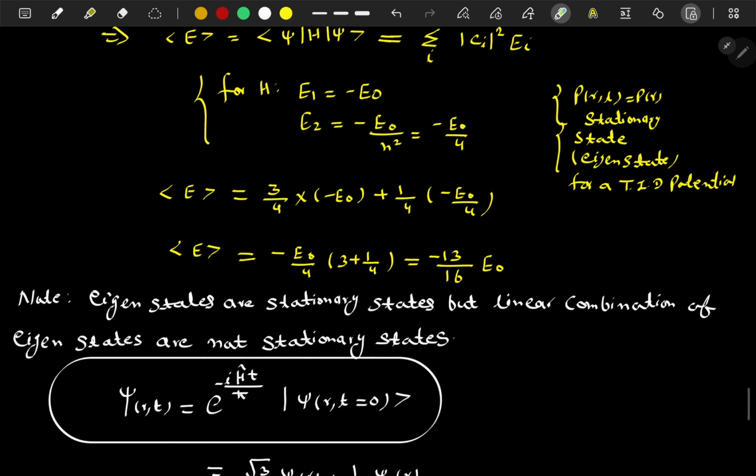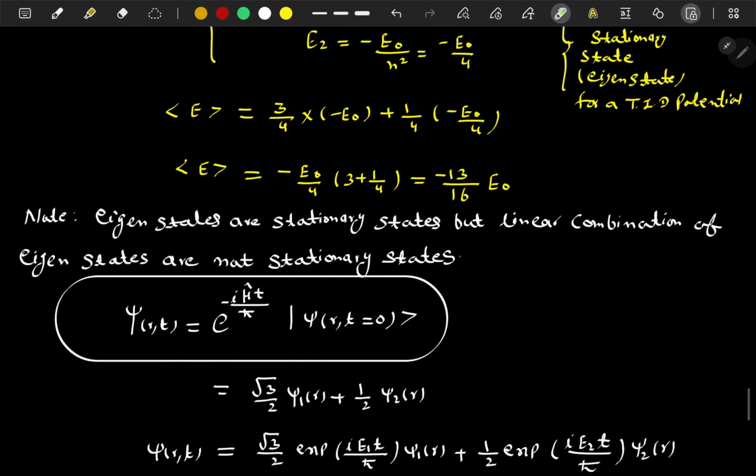Now the probability of finding the particle at a certain point with respect to time, in a stationary state or eigenstate, will be time independent, meaning it will not vary with time. So eigenstates we call stationary states because the probability for eigenstates does not depend on time. But a linear combination of eigenstates is not a stationary state, meaning the probability of finding the particle can depend on time.